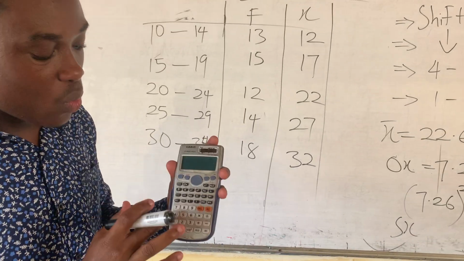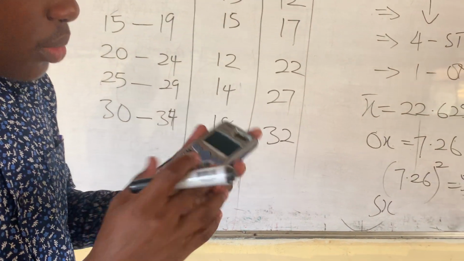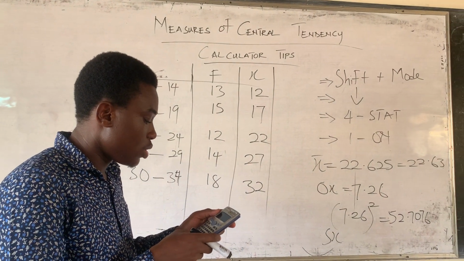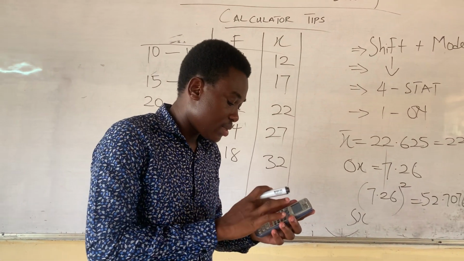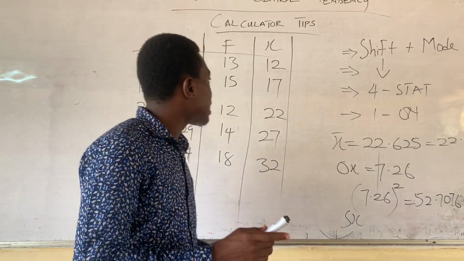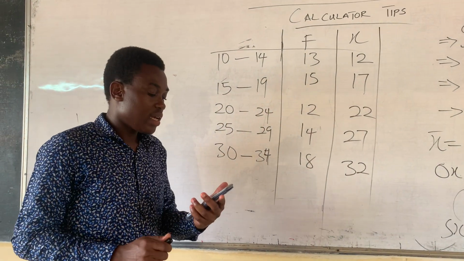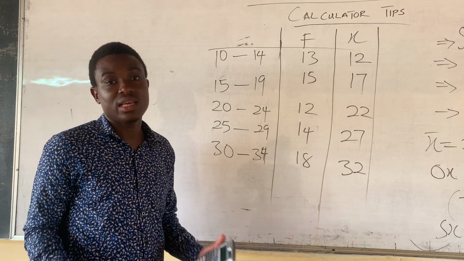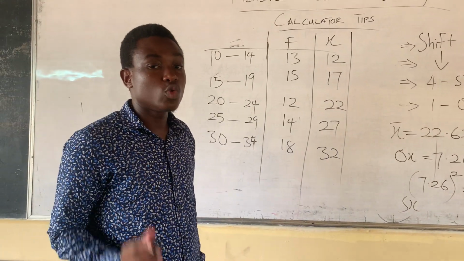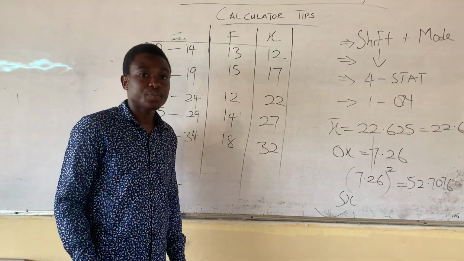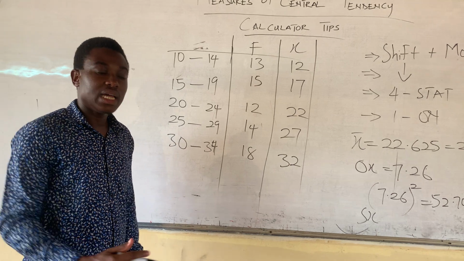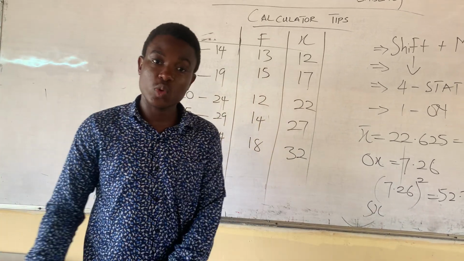So let's press shift 1. Okay, so we press shift 1, and then we go to option 3 instead of 4, that is sum. You realize that the summation f, the summation x squared, and then the summation x are there. So if you are doing a manual entry, if you are solving it by yourself and you do not want to rely on the calculator, then all you need to do is just input your data and then do your own workings elsewhere.